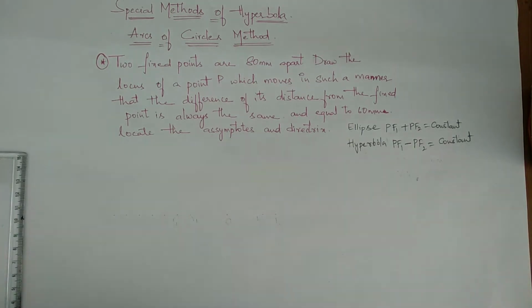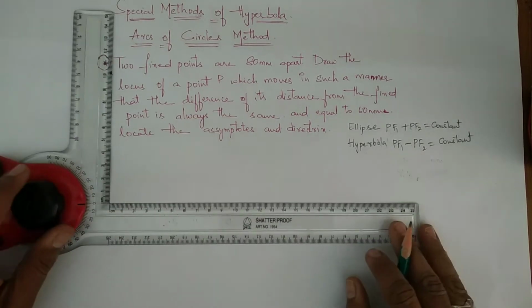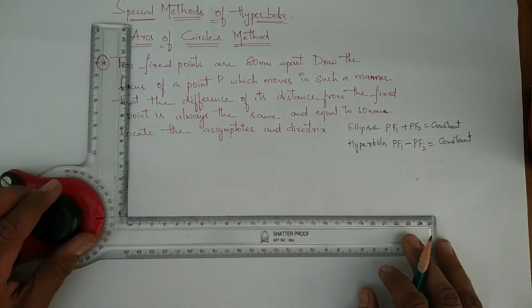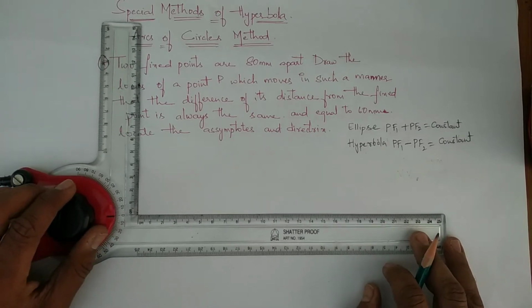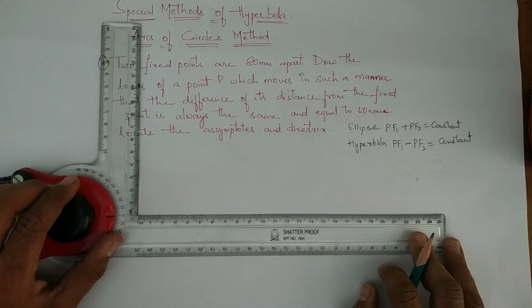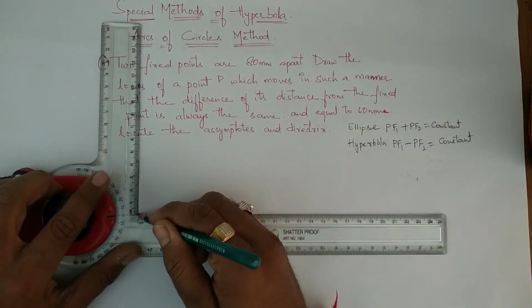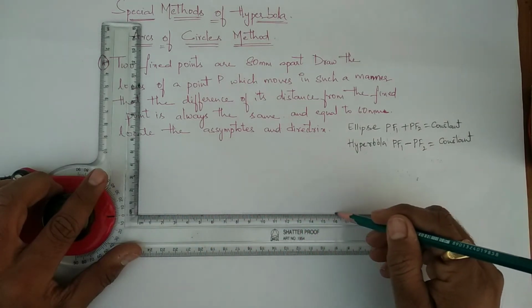Now let's see the constructional steps. First, using your drafter scale, put it in a straight manner and draw one horizontal line of some unknown length.